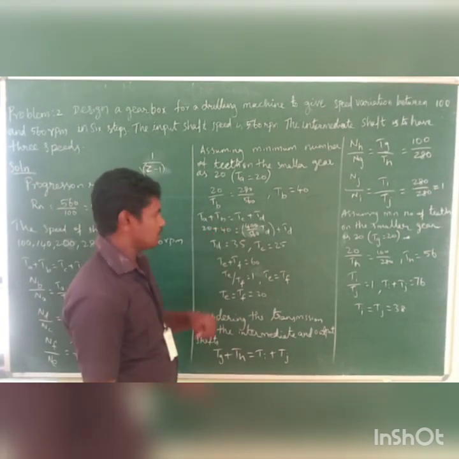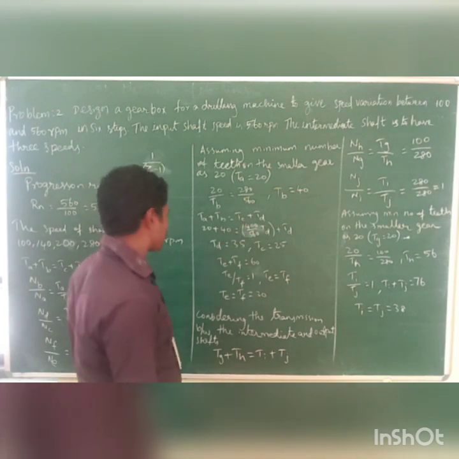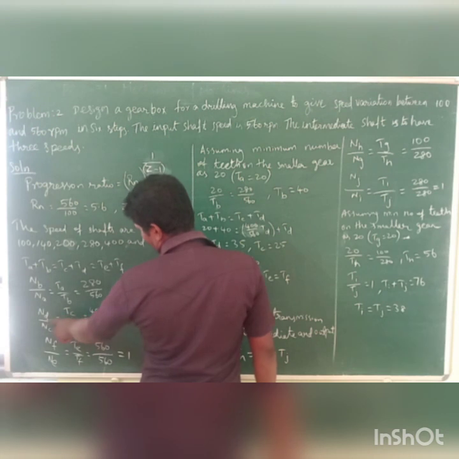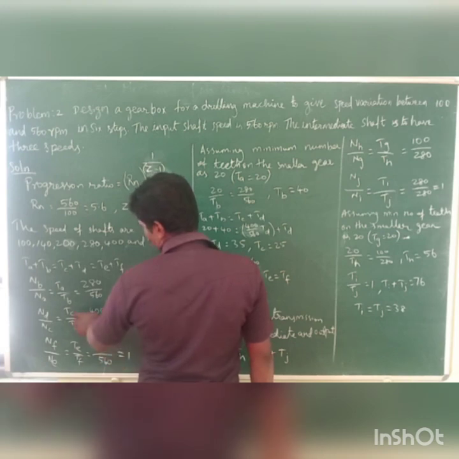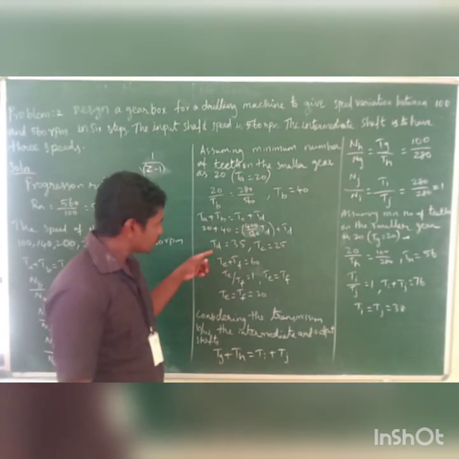Only TC and TD we don't know. That we can find with the help of the speed ratio relation. We already have ND by NC equal to TC by TD equal to 400 by 560, right? From this, TC equal to 400 by 560 into TD, cross multiplying the TD here, right?